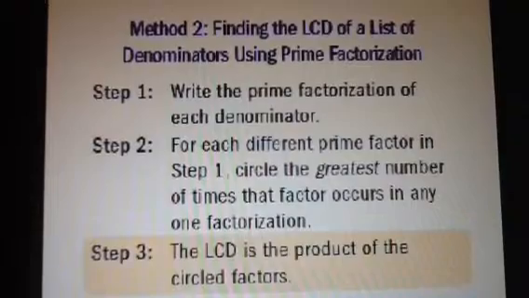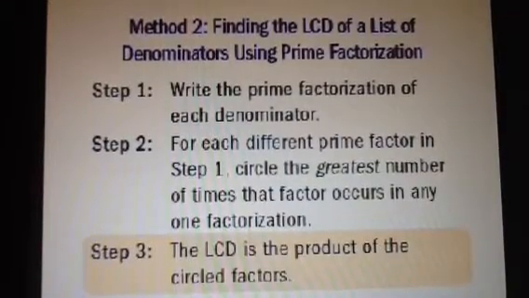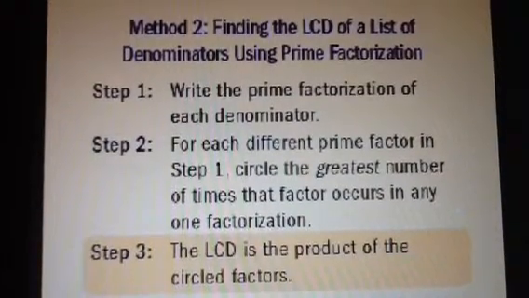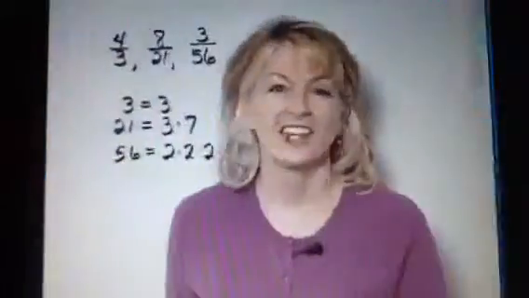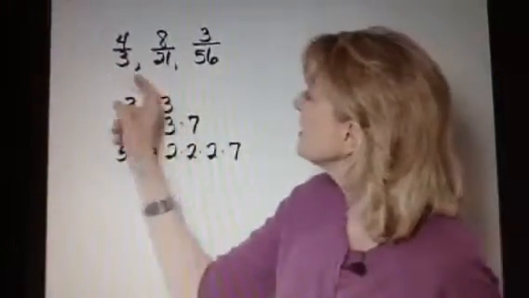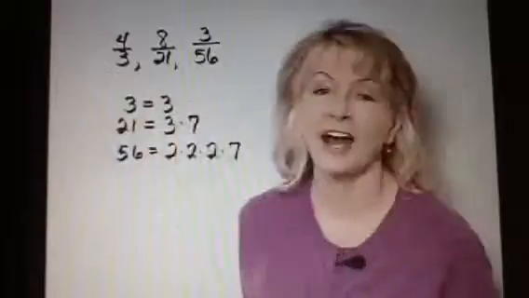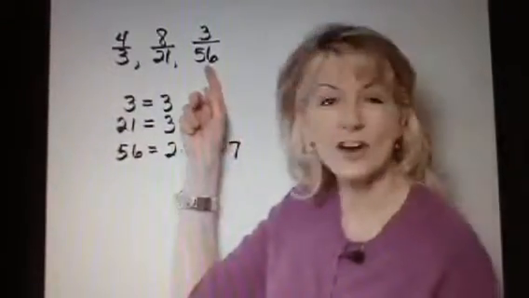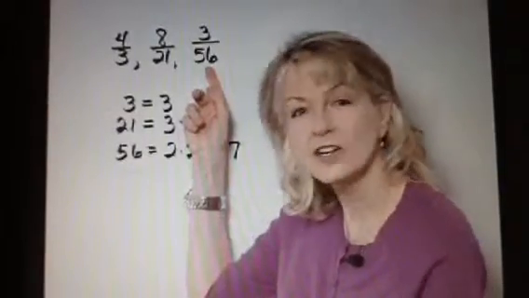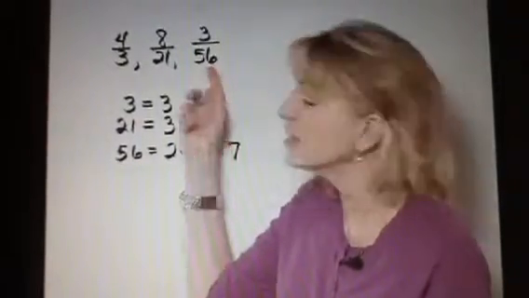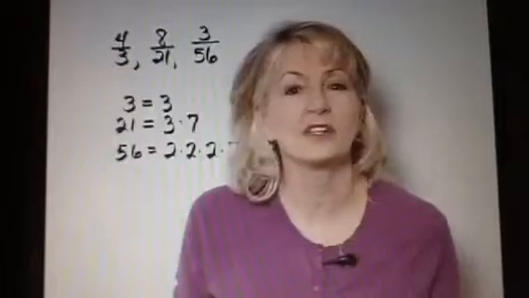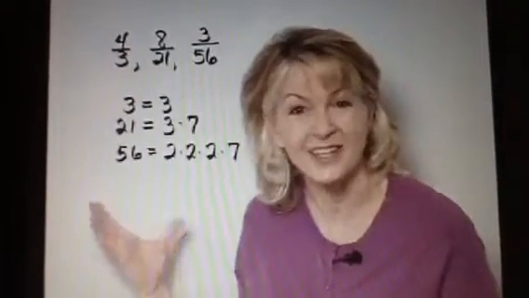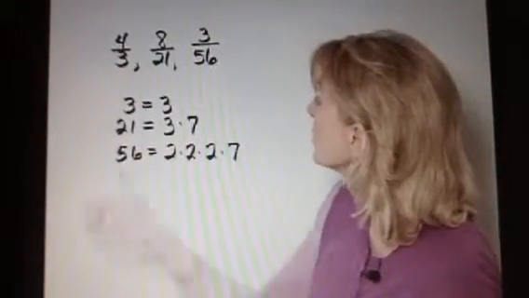And then step 3, the LCD is the product of the circled factors. So this time we want to find the LCD, and we have 3 fractions. Now you can use method 1. You can take the largest denominator and start looking at multiples here, but sometimes I find that more difficult than this method 2. So I'm going to use method 2 here.